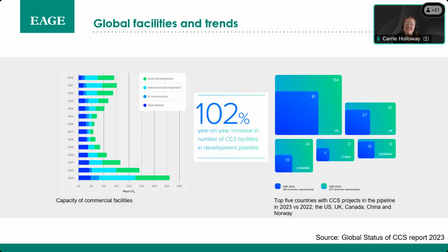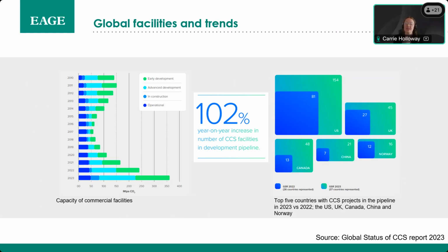So this slide comes from the Global Status of CCS report. So I recommend, if you haven't already, to check this report out. You can see that the number of CCS facilities in the development pipeline has increased significantly in 2023, with 11 new facilities commencing operations and 15 new projects in construction. So as of July 2023, there are 392 projects in pipeline, representing a 102% year-on-year increase.